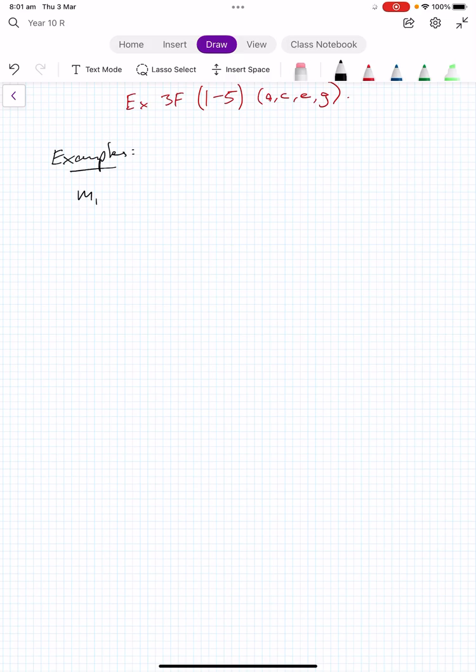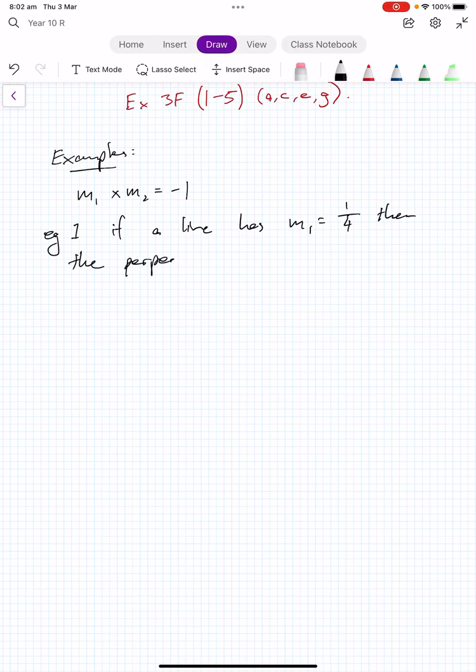So again, perpendicular lines. If you have M1 and M2, two lines, then the product is equal to -1. The product is the multiplication. As we said earlier, if a line has M1 equals 1/4, then the perpendicular line has M2, another gradient, which is equal to -4.